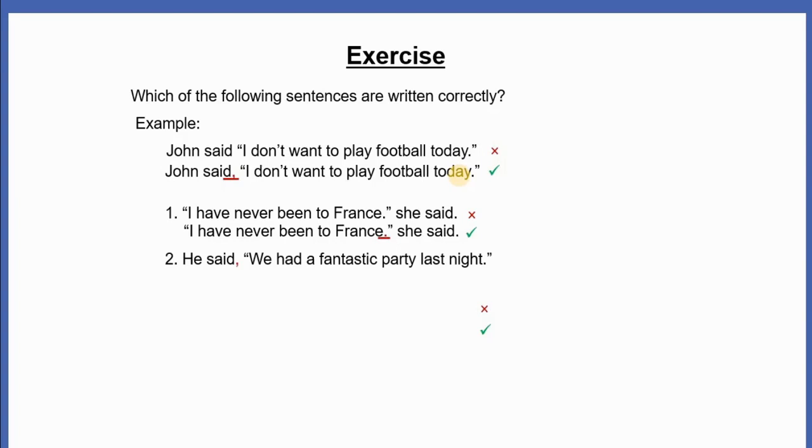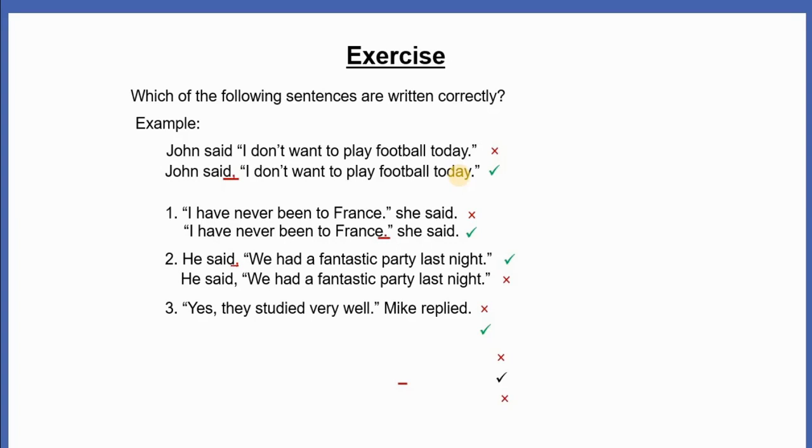Question 2. He said, "We had a fantastic party last night." So which sentence is correct? The answer is the first sentence is correct. Question 3.